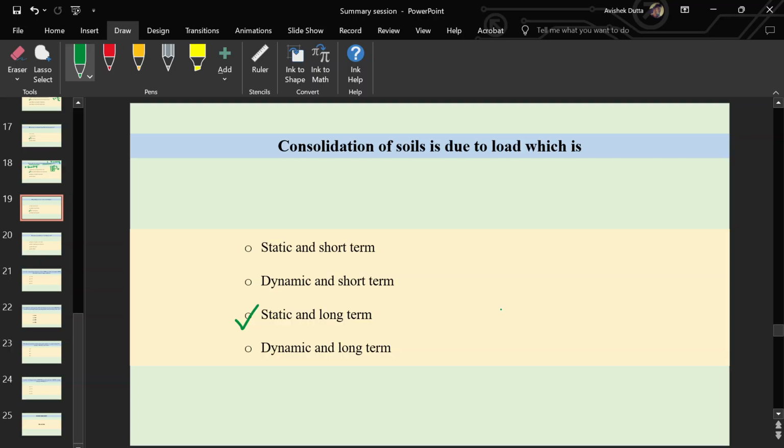Dynamic and short term. Yes, for compaction, dynamic load it can change, and short term loads, because only the expulsion of air is the thing we are concerned about. So, consolidation of soils is due to option C, static and long term load.